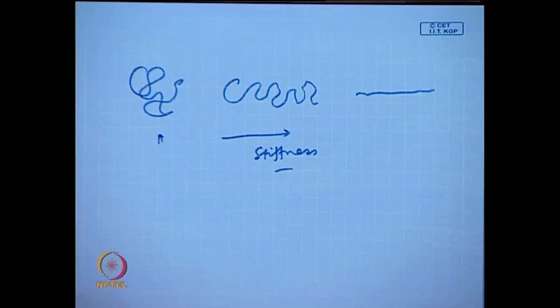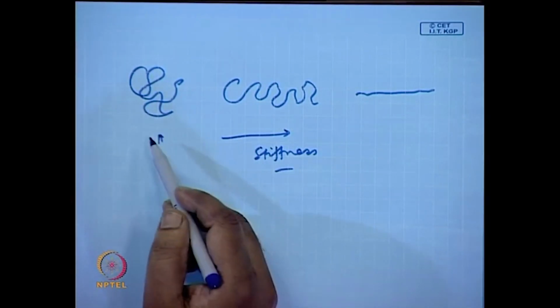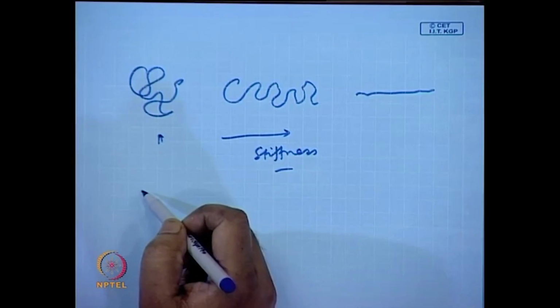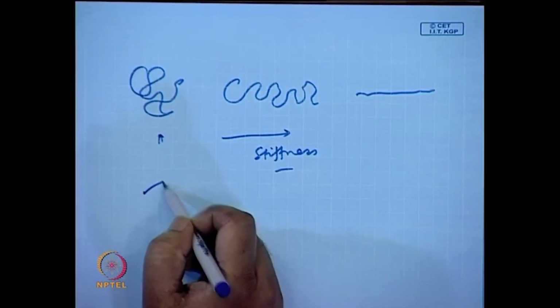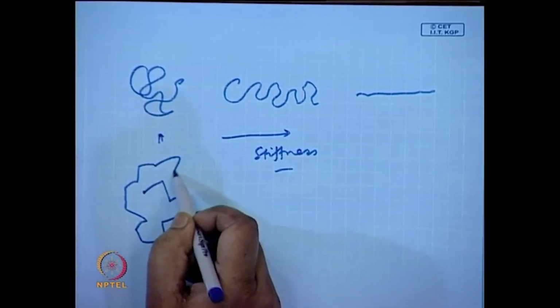The conformation of the flexible chain looks like random flights of diffusing particles. When a gas particle diffuses, it moves here, here, here randomly. We call this a random flight.